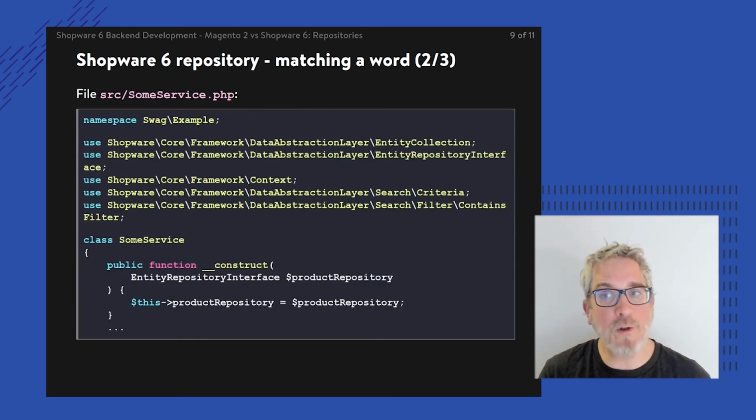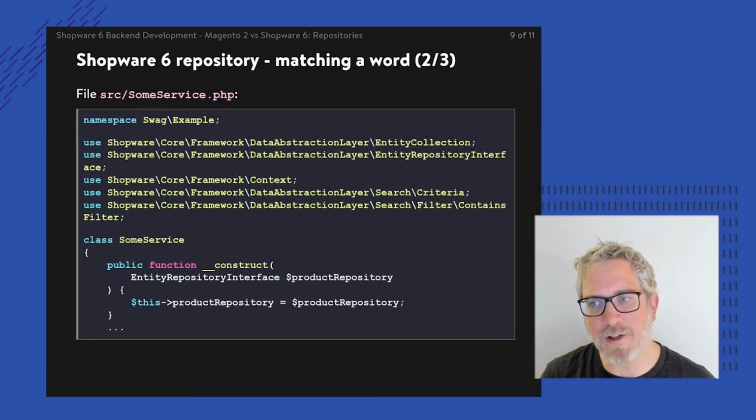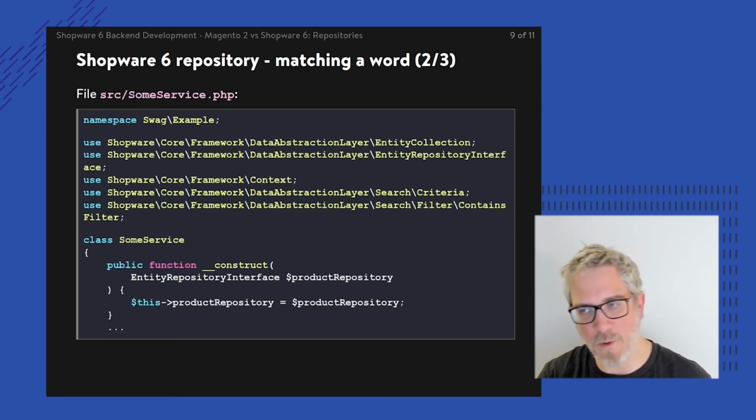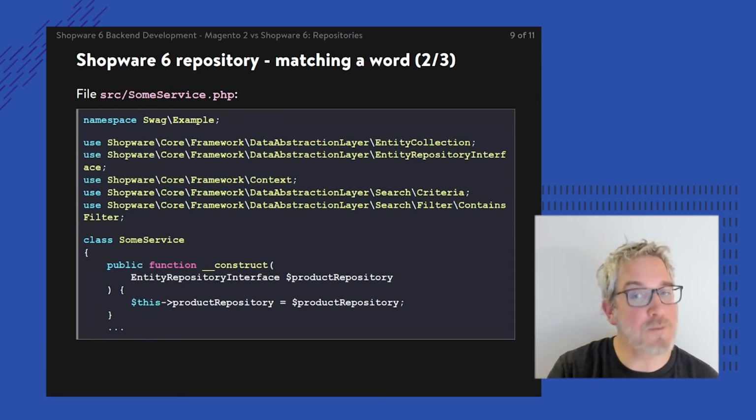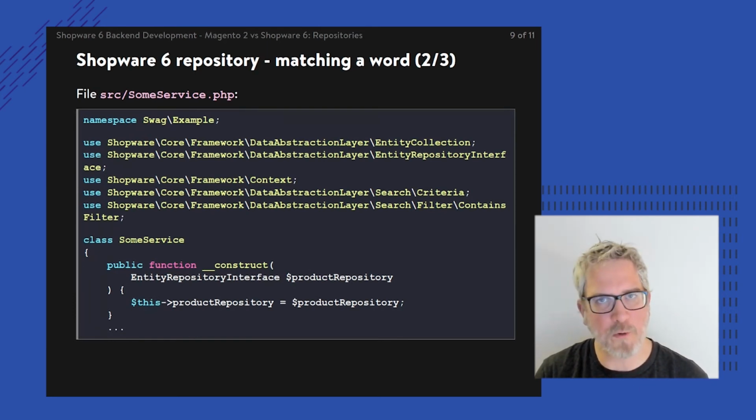And then the final bit is to take a look again at how the code is organized on the PHP side. On the PHP side, I'm importing a couple of other dependencies, which we will see in a bit. But the PHP constructor is basically identical. I'm injecting an entity repository interface, which leads into an object called product repository.